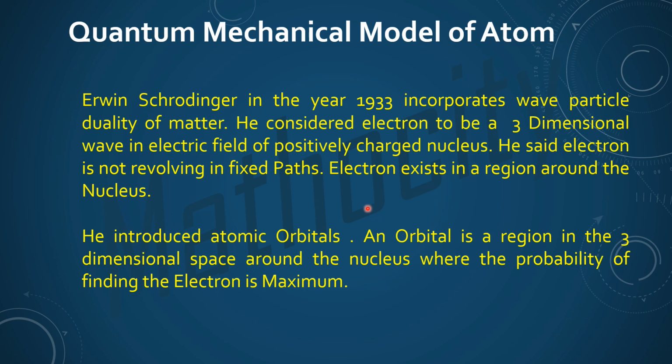Those regions are known as atomic orbitals. These are the main assumptions or postulates of the quantum mechanical model.